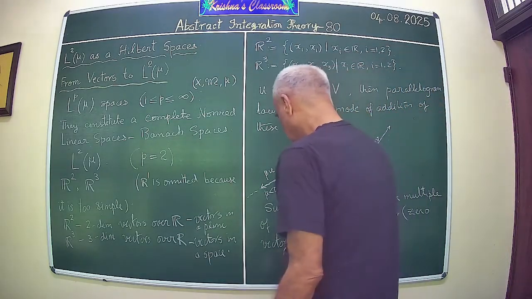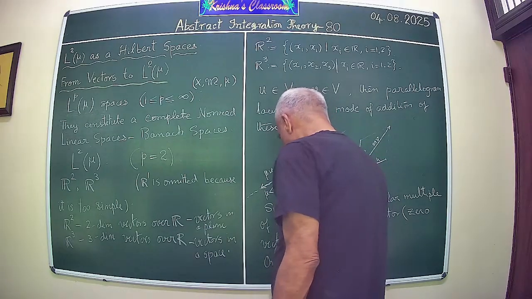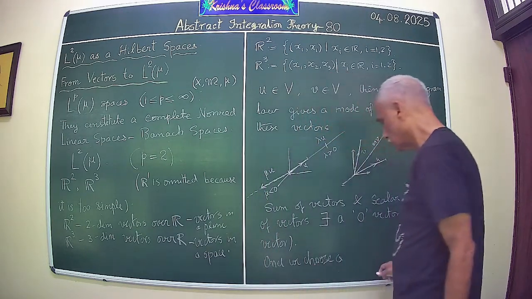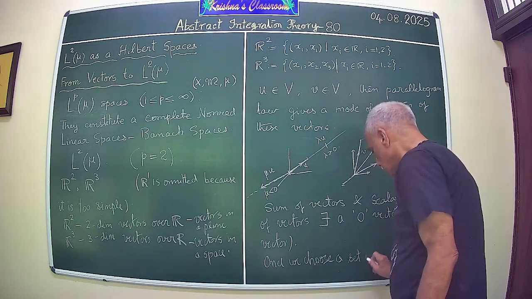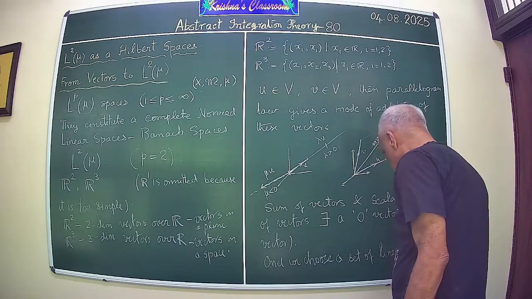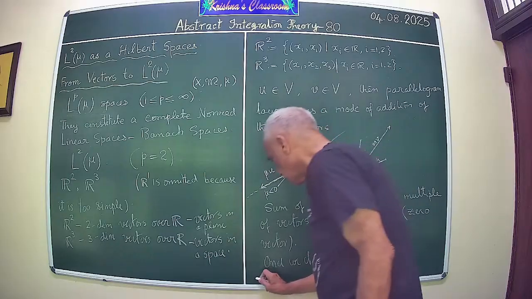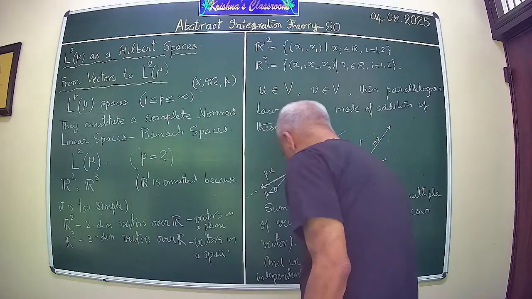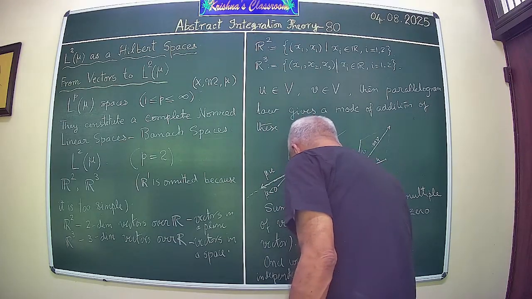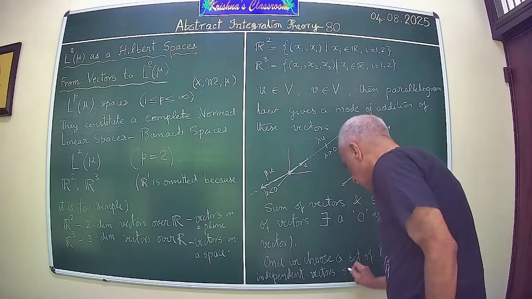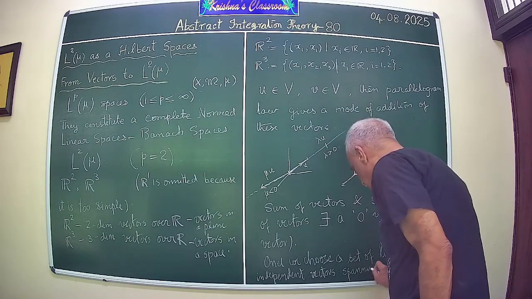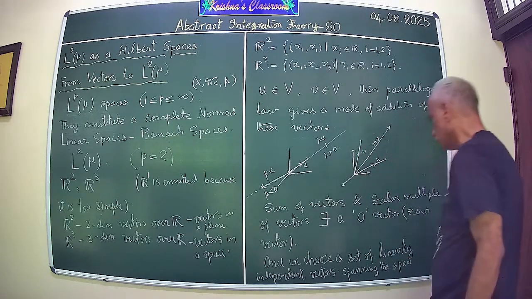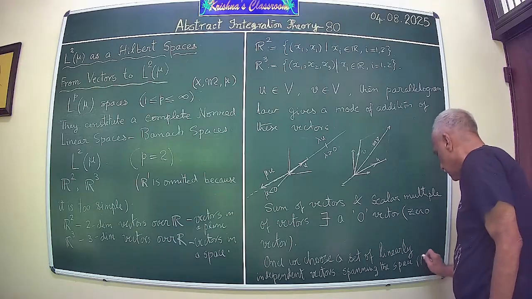Now with these two operations, one more thing. Once we choose a set of linearly independent vectors spanning the space, this is what you call a basis.